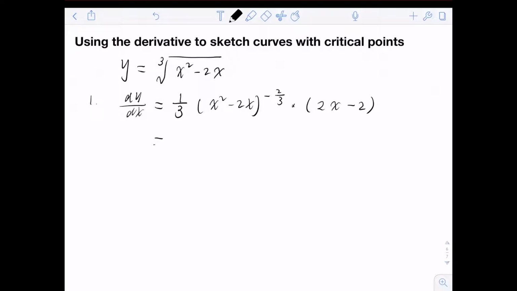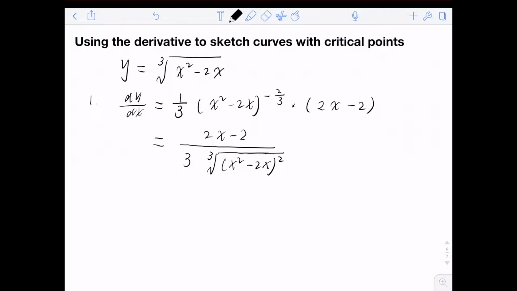Okay, and then I tally them up. Now you can see the derivative actually has a denominator. So what does this give us? We see the cubic root of (x squared minus 2x) to the power of 2 here.